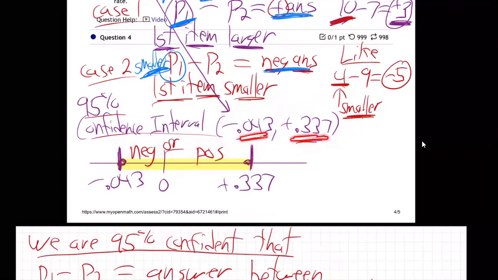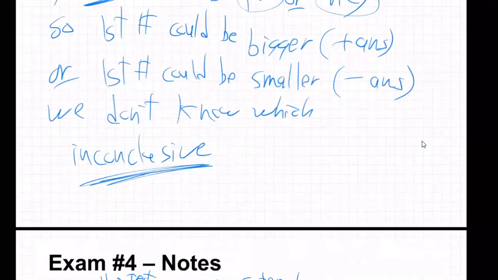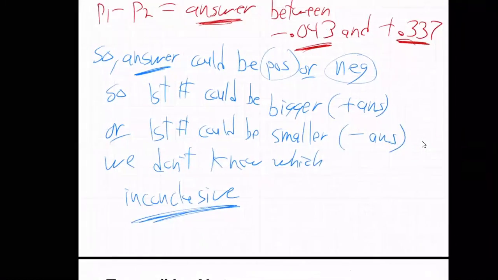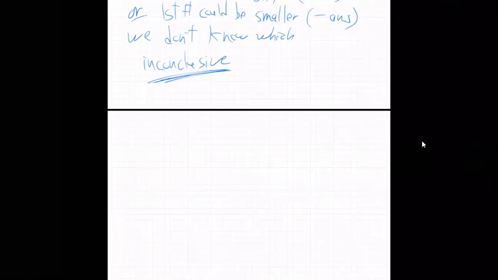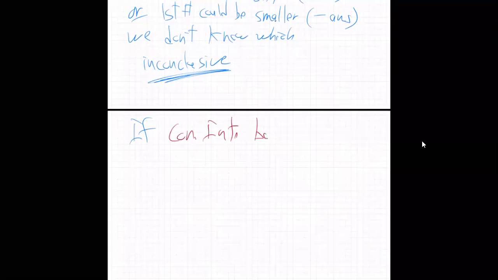If both of these were negative, so let me give you some other instances. If the confidence interval endpoints are both negative, then what does that mean? Well, here's 0.